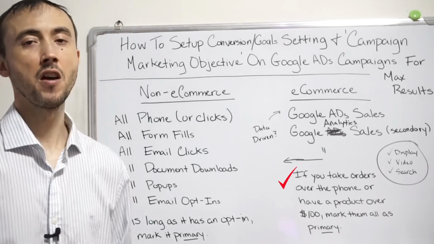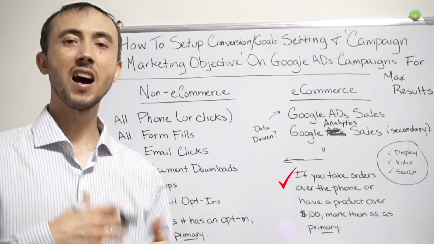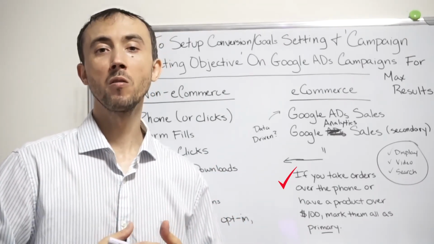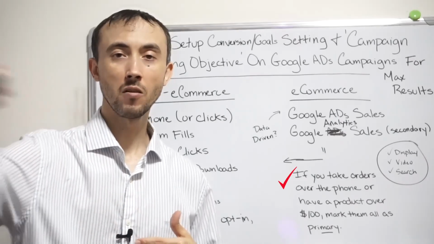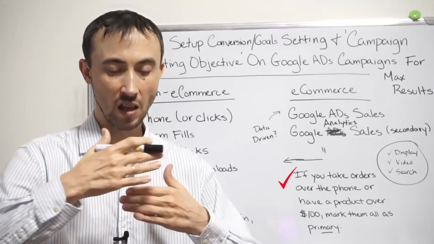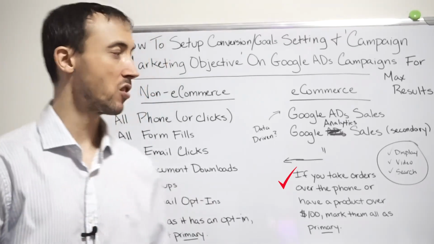And if you sell something over $100 in value, the more expensive the product is, the longer the conversion window, or sales cycle window, is, from the time someone initially searches and clicks to the time they purchase on average.